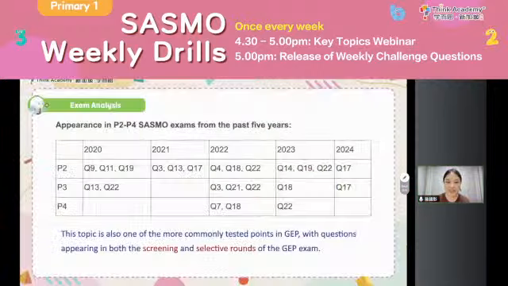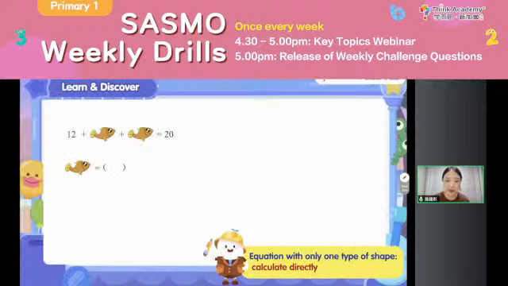Okay, so let's have a look. This type of question is really important, and if you already got the all-in-one guidebook, you will see how the questions show up in each year. Also, our P1 question will show up every year, so it will be really important.